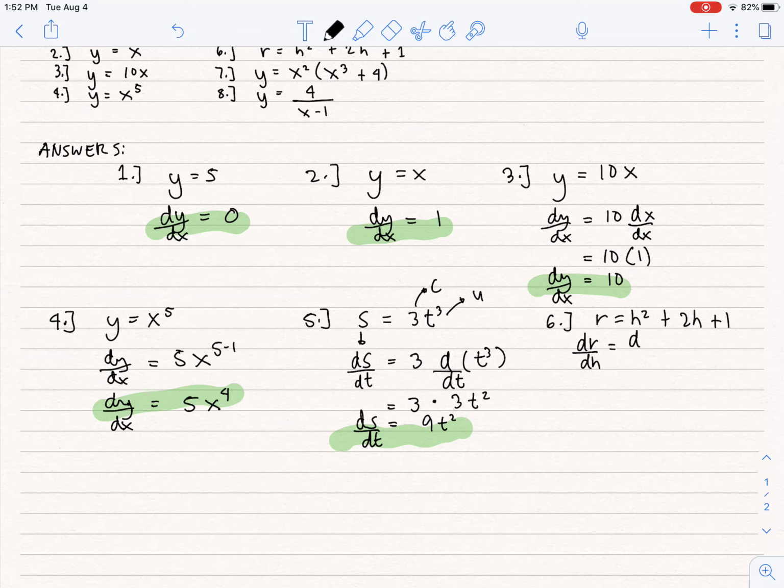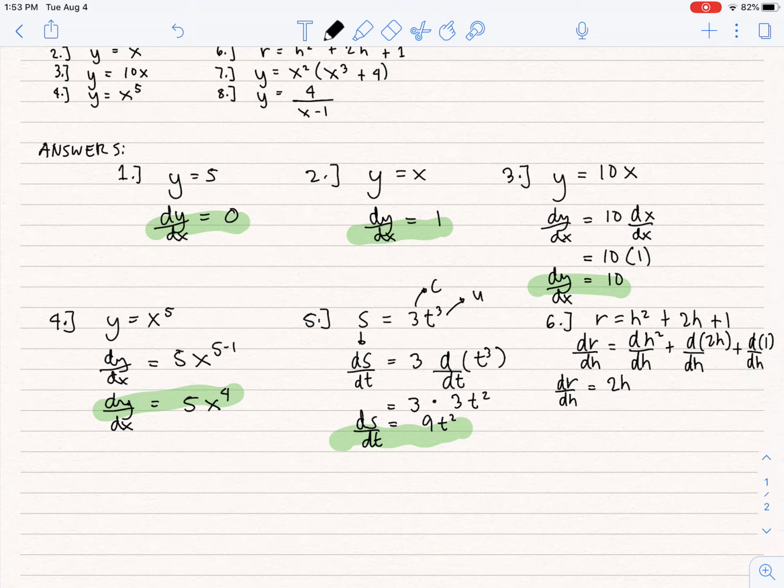The derivative of H squared with respect to H plus the derivative of 2H with respect to H plus the derivative of 1 with respect to H, right? So this is just dr over dh is equals to the derivative of h squared, which is just 2h, right?